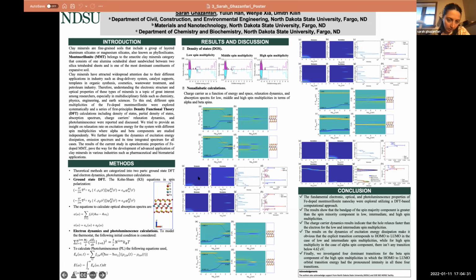For example, on the left you can see this is the emission spectra, and panel B corresponds to the excitation one. So what's your question? What does that mean?